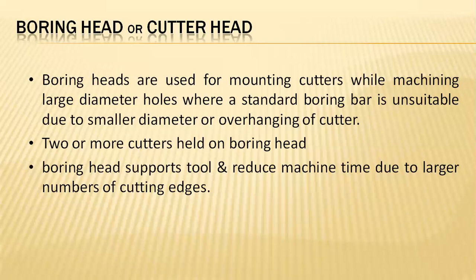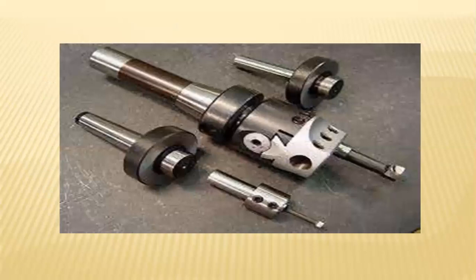Because of this, lead times are reduced and the machining is completed within less time. That's a speciality of boring, and another parameter is getting better accuracy in the results. These are the pictorial representations of the boring heads, which hold very tightly without any radial spread, so we will not have radial deviations in the dimensions.